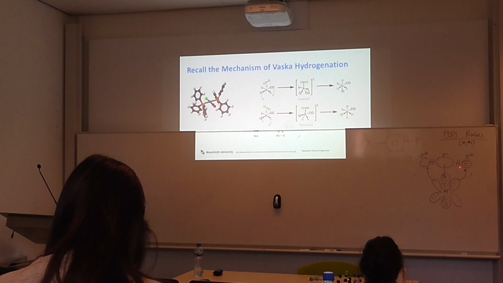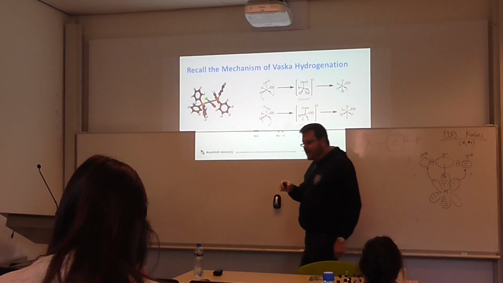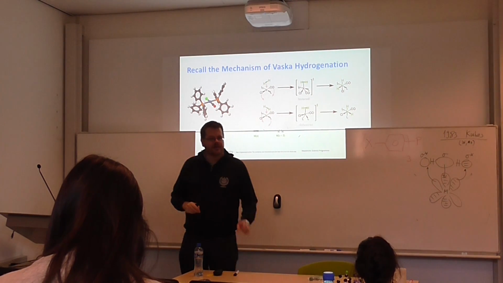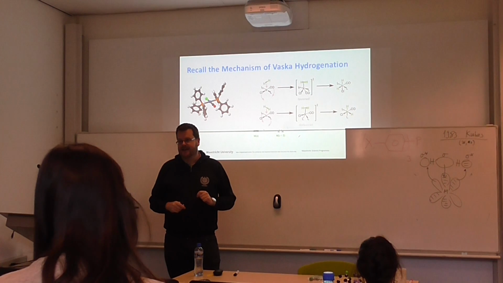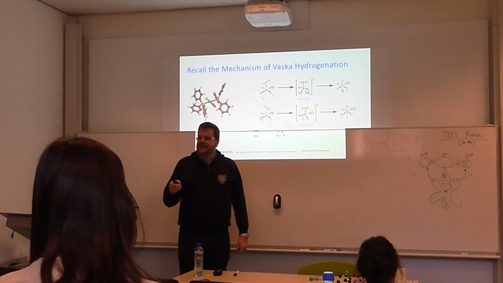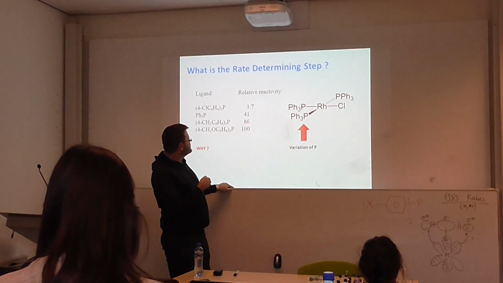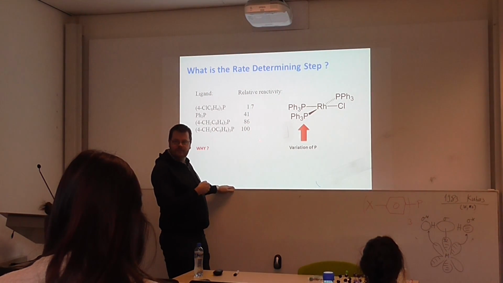If the pi back bond is weak, in other words, if the metal is electron poor, then that formal oxidative addition is going to occur at a slower rate, isn't it? So that's the key to understanding why we have this trend here, isn't it?